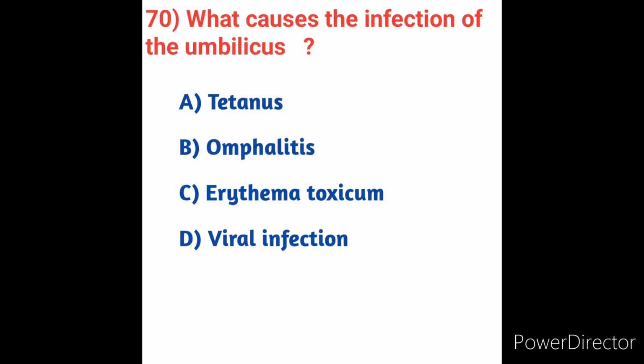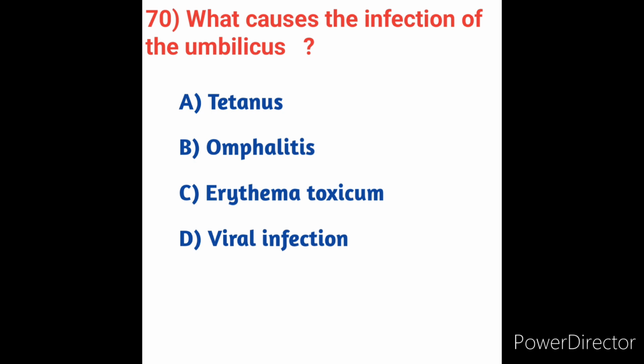Omphalitis is an infection of the umbilicus and or surrounding tissues occurring primarily in the neonatal period. It is limited to around the umbilicus in the majority of newborns. However, it can rapidly progress to systemic infection and death, with an estimated mortality rate between 7 to 15%.